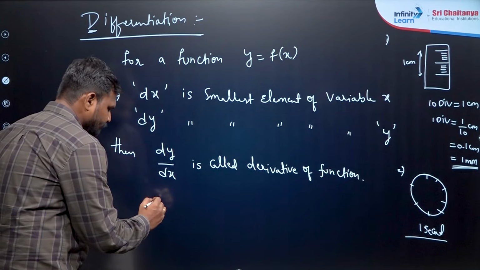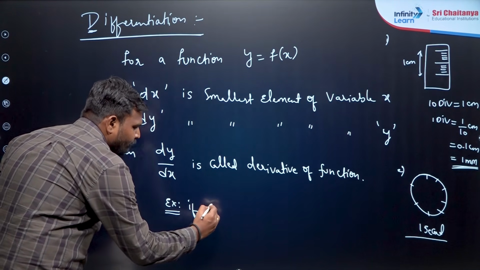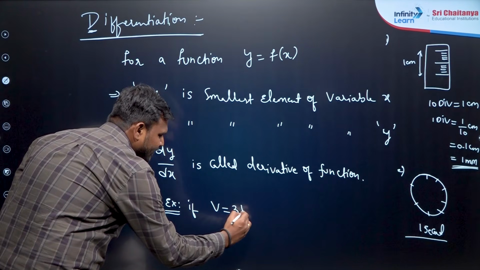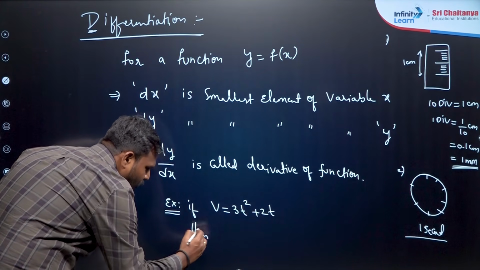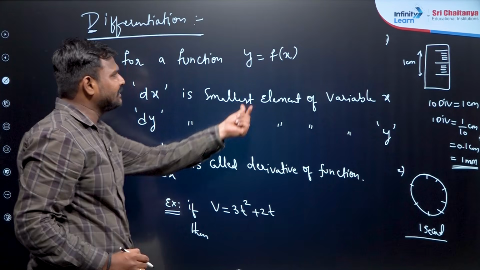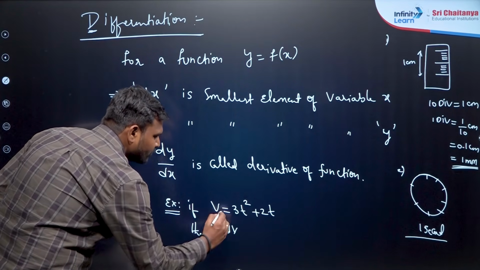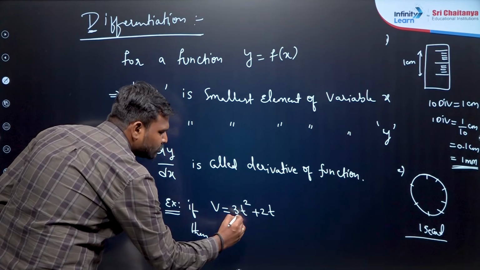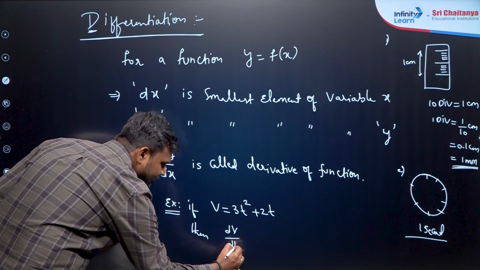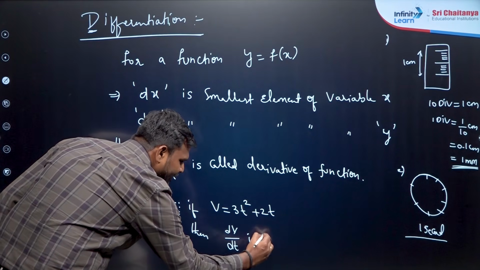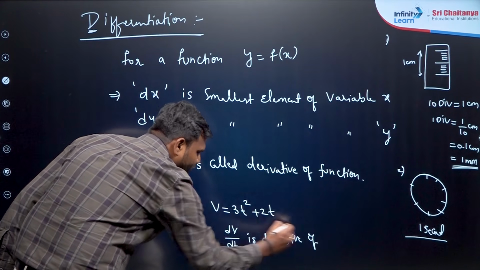Example, if velocity is 3t square plus 2t, then who is the variable on the left hand side? Velocity. So small change in velocity. But who is the variable on the right hand side? Time. So small change in velocity by small change in time is the derivative of this function.